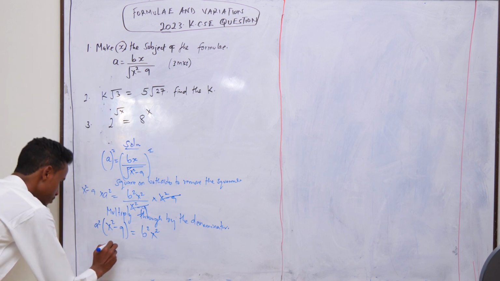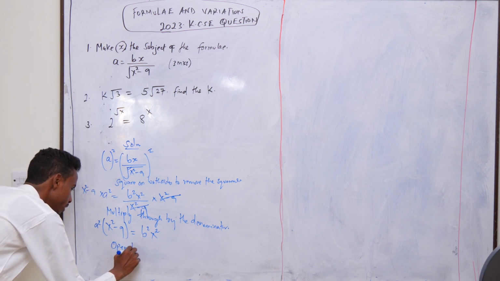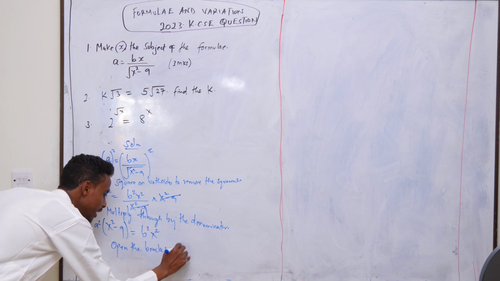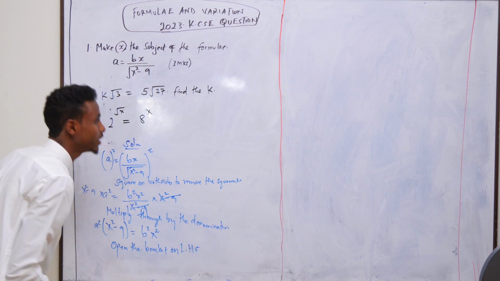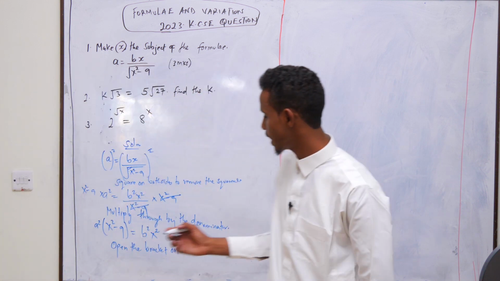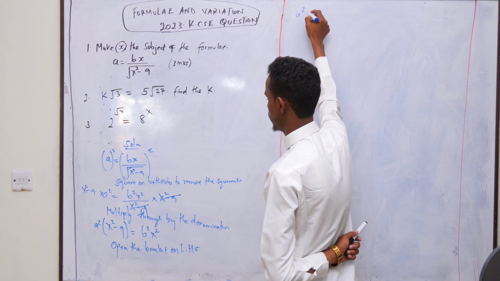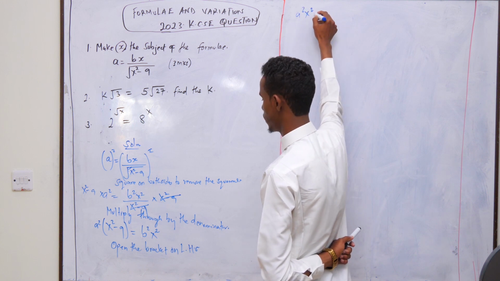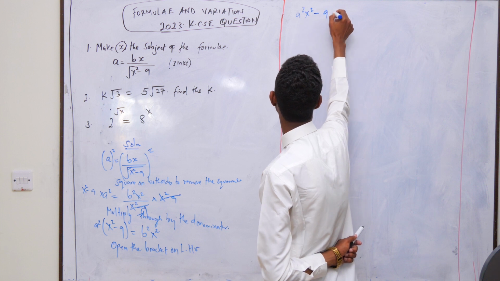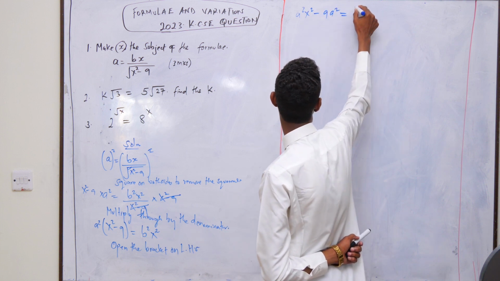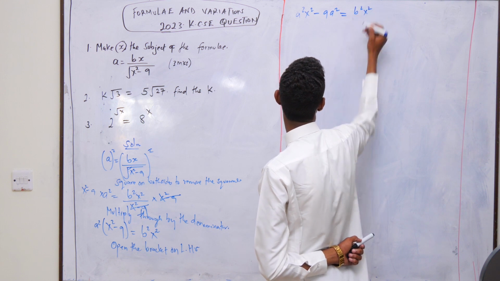Now open the bracket on the left hand side. Opening the bracket, you're going to get a squared x squared minus 9a squared is equal to b squared x squared.